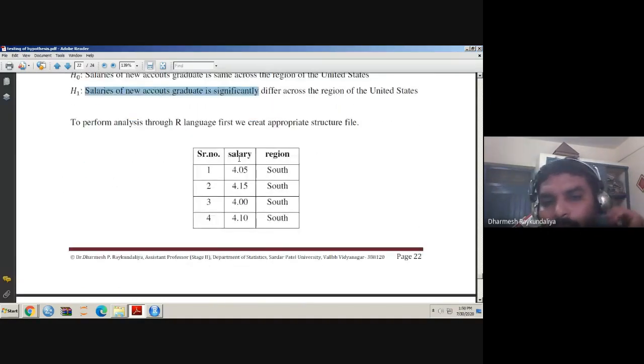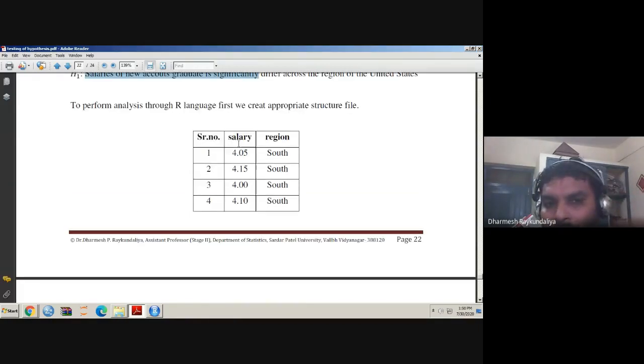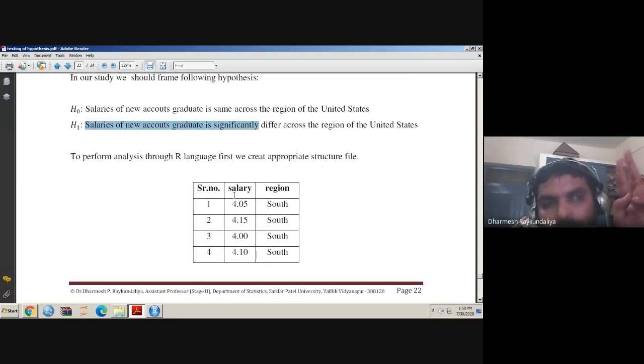So here we have a salary. As I told you, when you apply any command in the R language, R understands the database in a structure called the data frame structure. In data frame structure, salary is one variable and region is another variable.